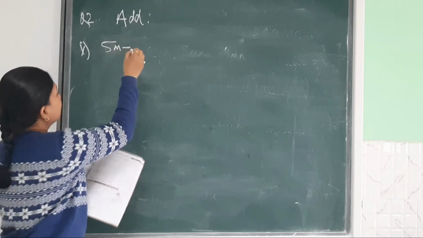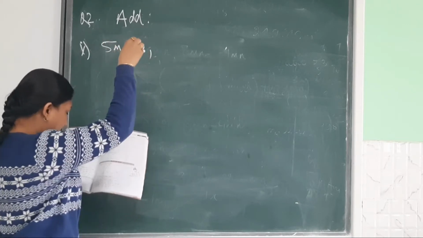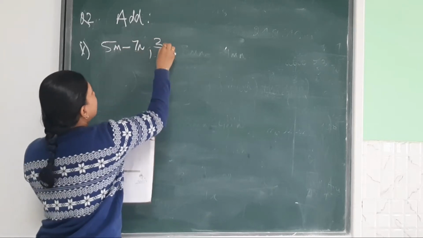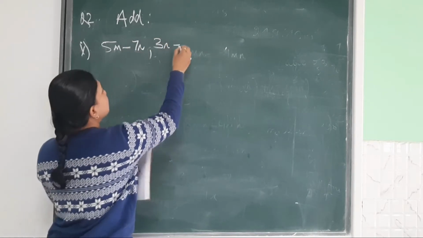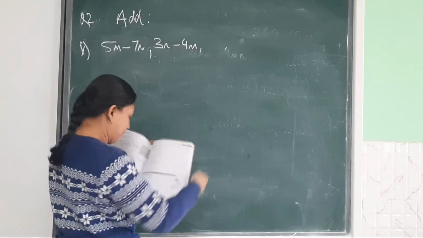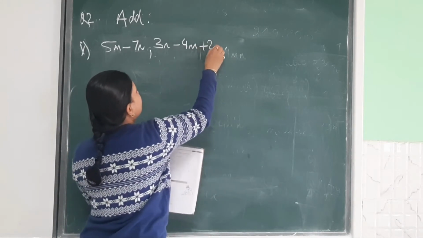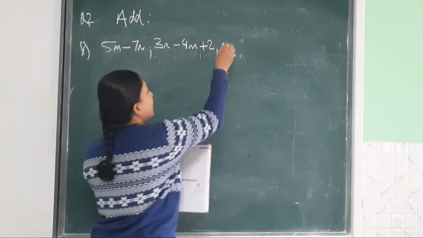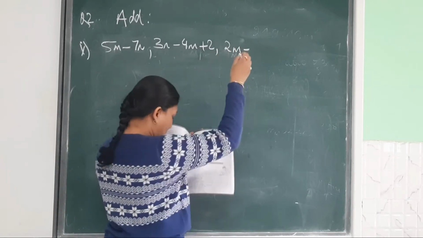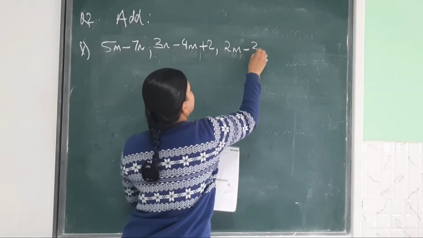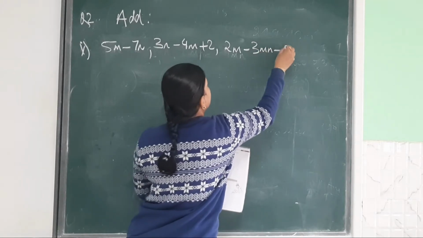The fifth question is 5m minus 7n. Then you have 3n minus 4m plus 2. Then you have 2m minus 3mn minus 5.